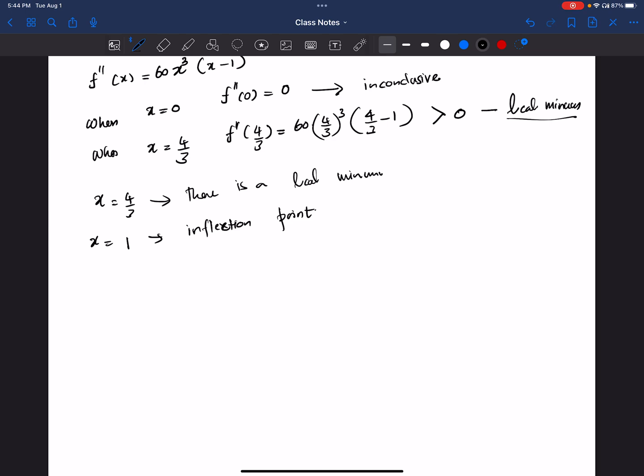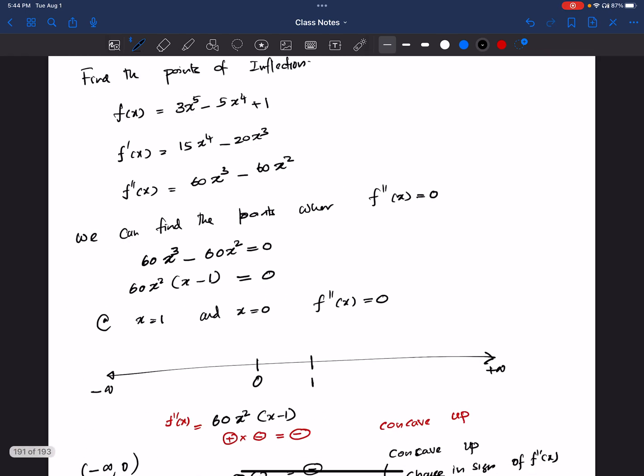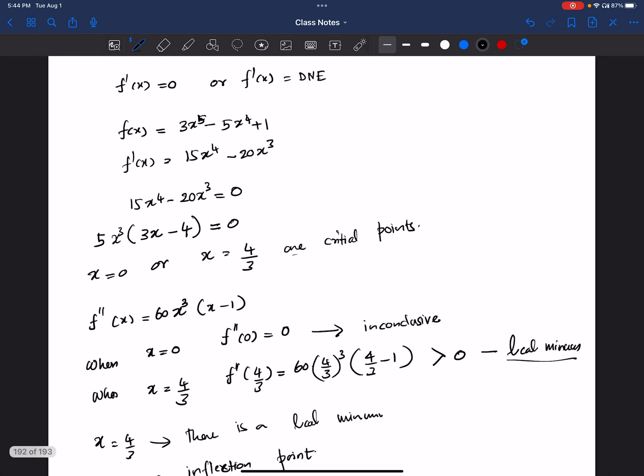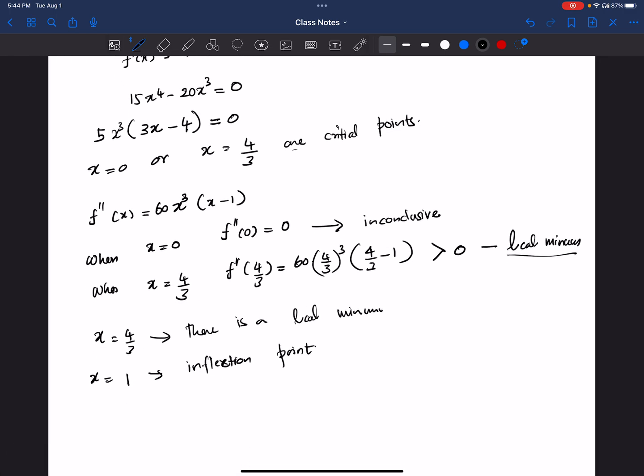We cannot say that there's a point of inflection at x equals 0 because it is not conclusive. We cannot say that. There may be, it's inconclusive. And you have f double prime of 0 is 0, that is the inconclusive case.